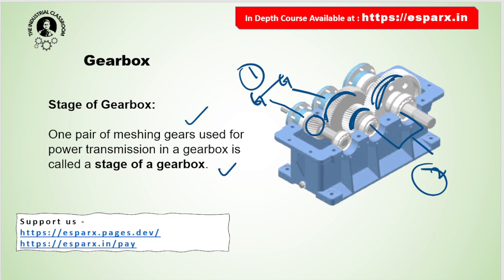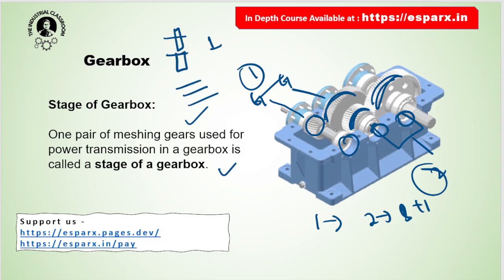So this is a 2-stage gearbox, right? For a 2-stage gearbox, the number of bearing points in the gearbox is stage +1, because the number of shafts will be: in a 1-stage gearbox there are 2 shafts, in a 2-stage gearbox there are 3 shafts, in a 3-stage gearbox there will be 4 shafts.